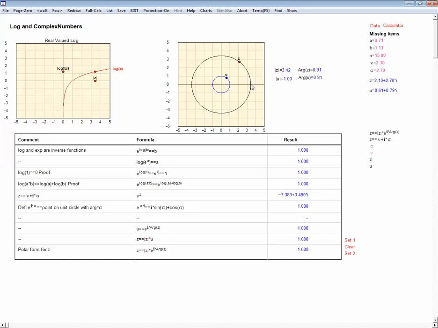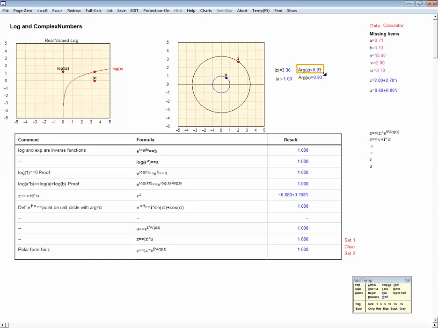Well, the argument is the angle in radians from here out to here running along the circle, or similarly you can run along the unit circle. The angle is the same in both cases. In this case, the arg of z is 0.93. That's what we're looking at over here. That's the arg of that z.